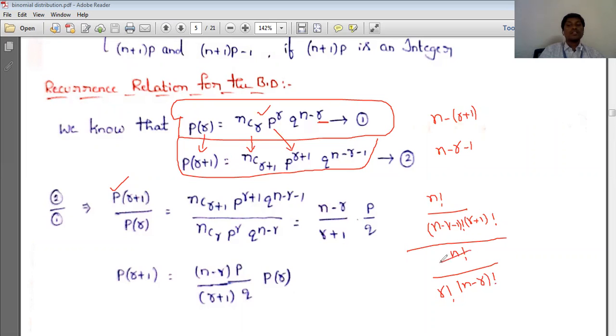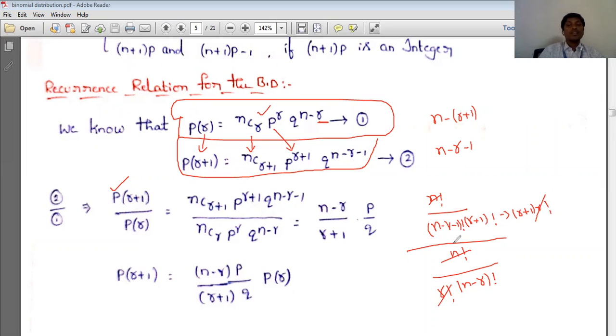Here n factorial and n factorial cancel. And (r plus 1) factorial we can write as (r plus 1) into r factorial, so the r factorials cancel.